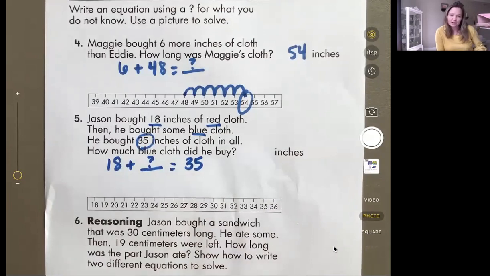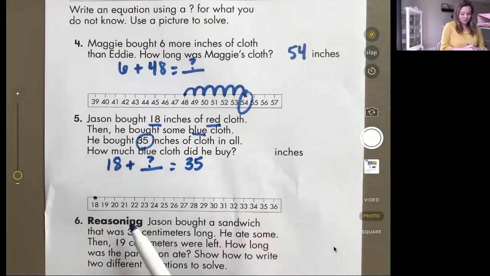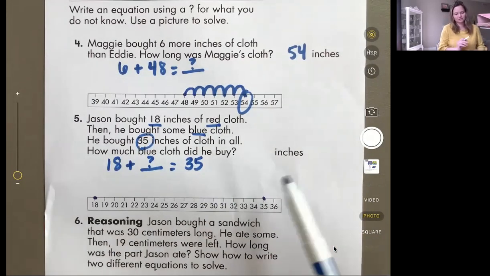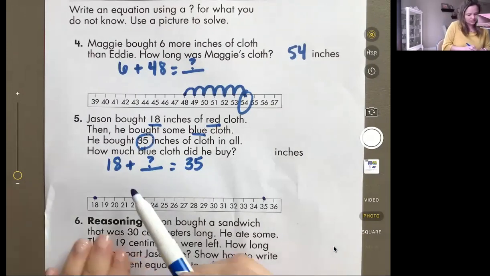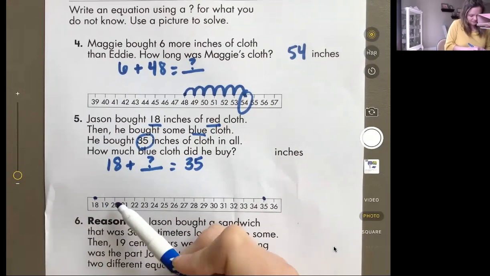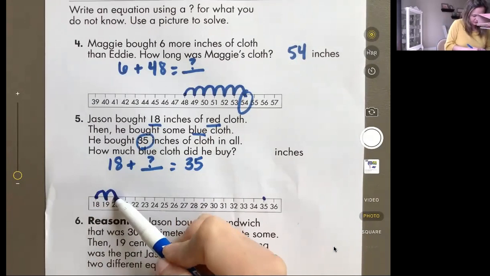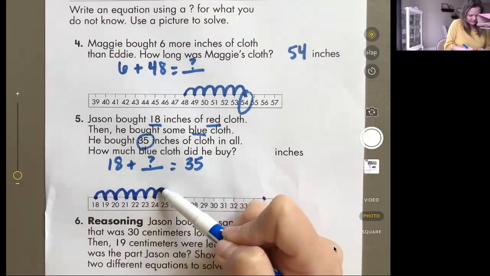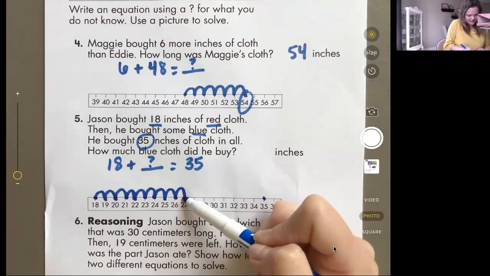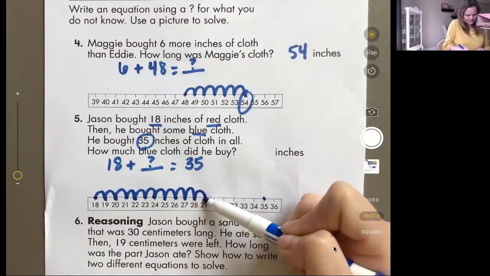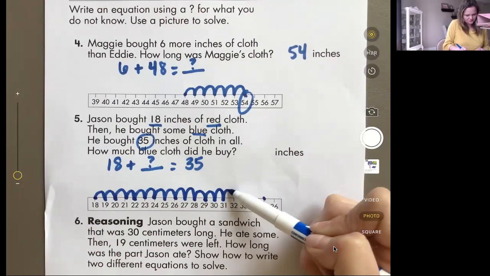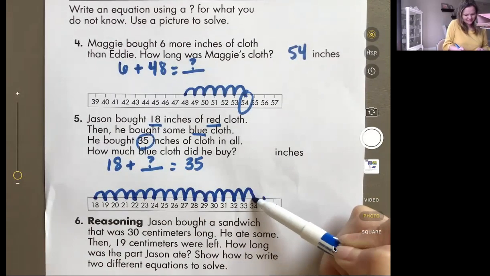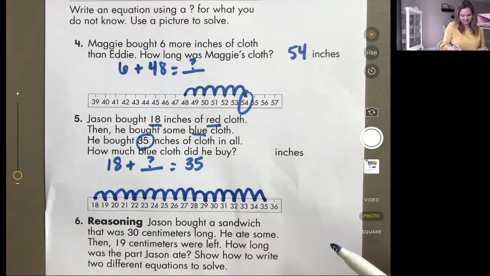To solve this one, we're going to start at 18 and jump all the way to 35, and count how many jumps there are. Ready? Here we go. 1, 2, 3, 4, 5, 6, 7, 8, 9, 10, 11, 12, 13, 14, 15, 16, 17.